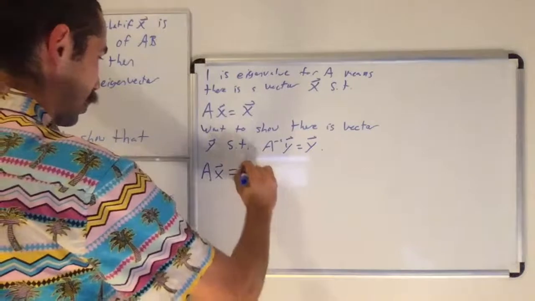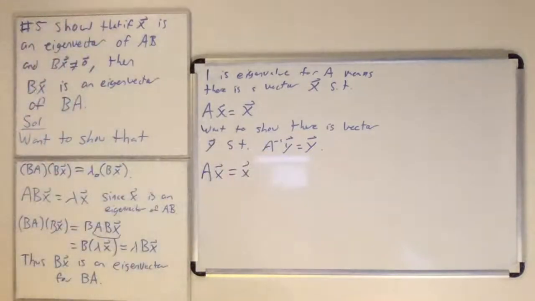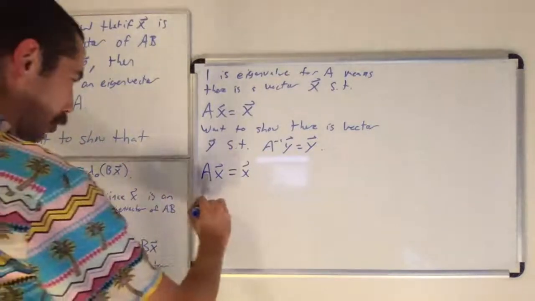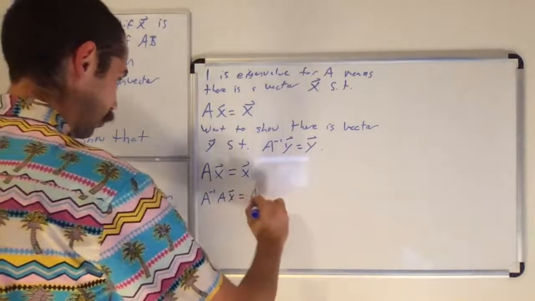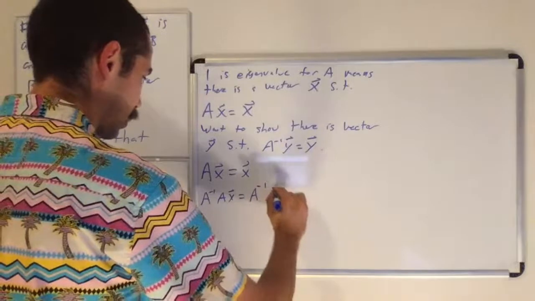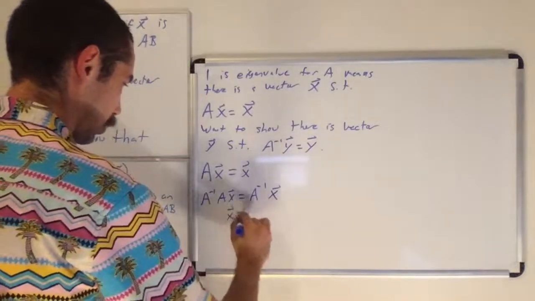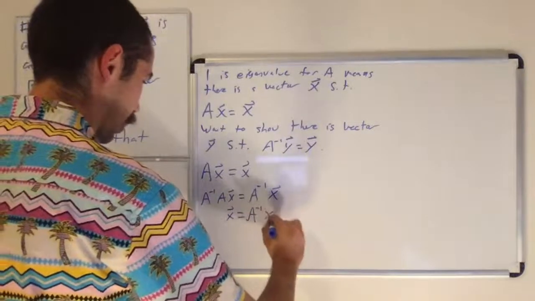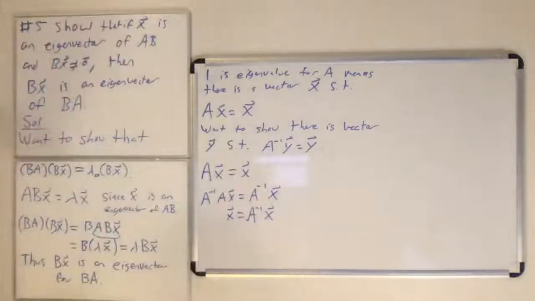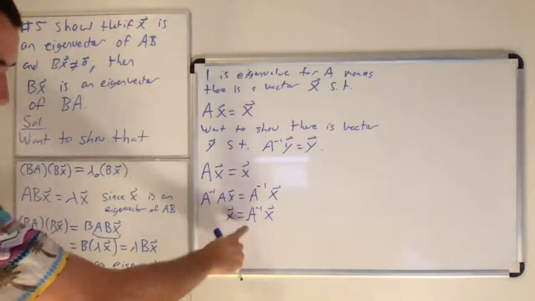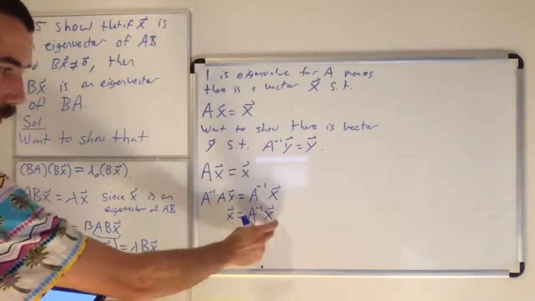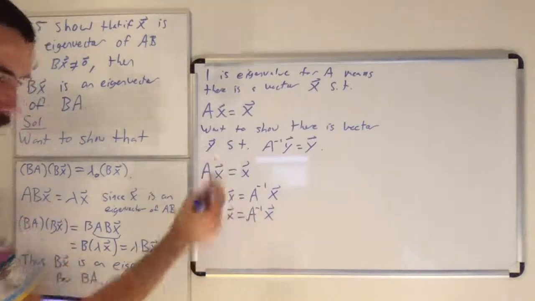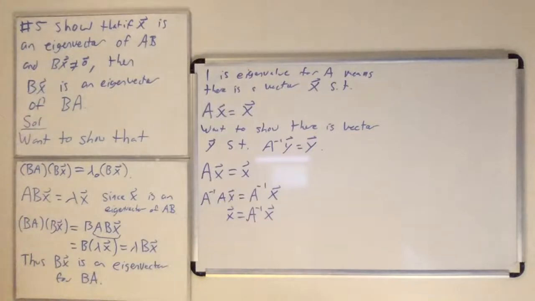AX equals x, and just multiply on the left by A inverse. So we have A inverse AX is equal to A inverse x, and so x is equal to A inverse x. Multiplying by A inverse on the left of x gives us 1 times x. So hence we have 1 as an eigenvalue.